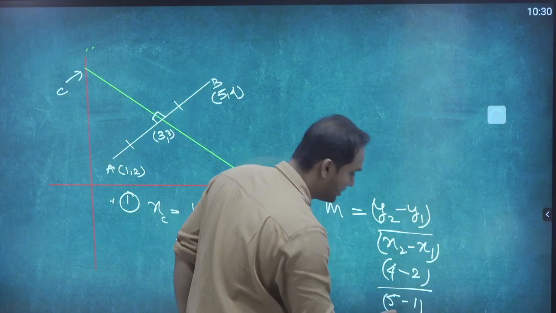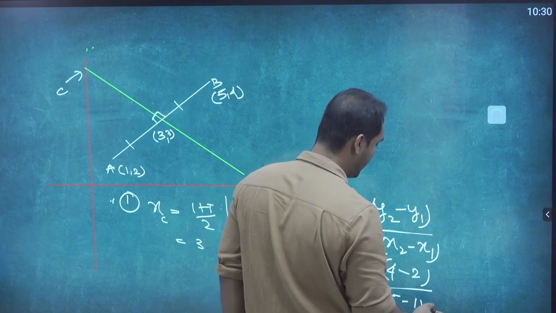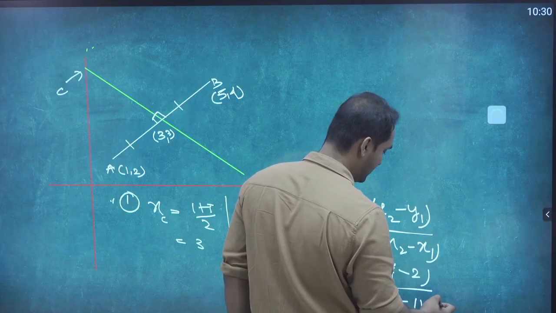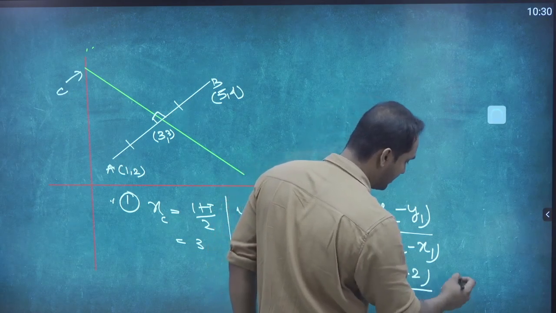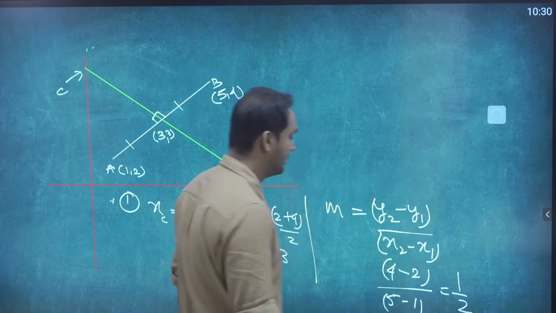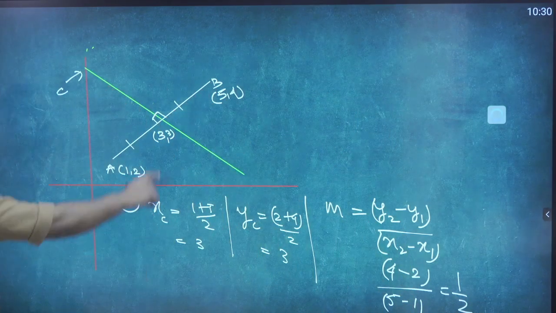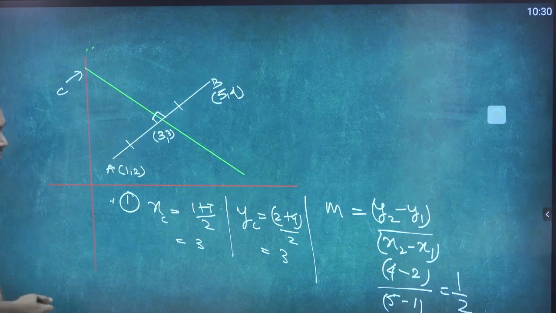That will be how much? The gradient will be 2 over 4, yeah, that will be half, right? So the gradient of this graph is half.